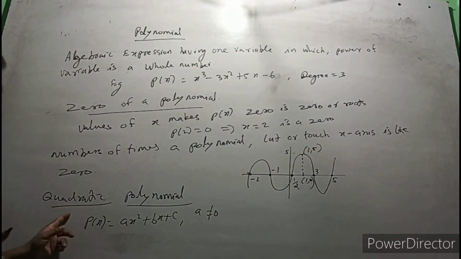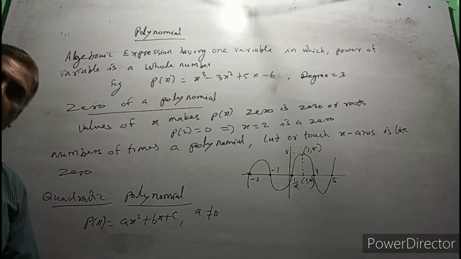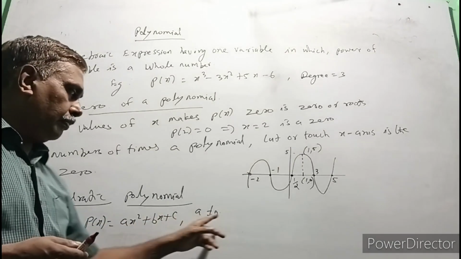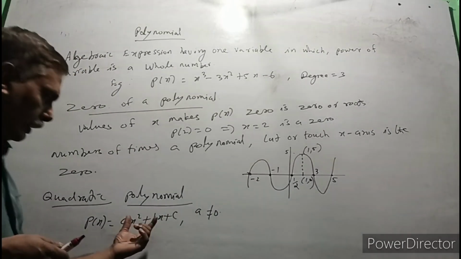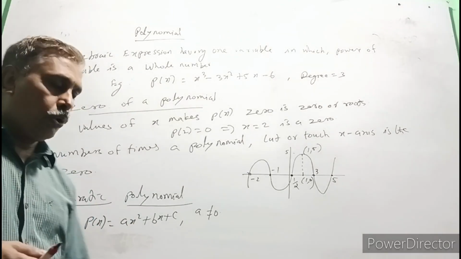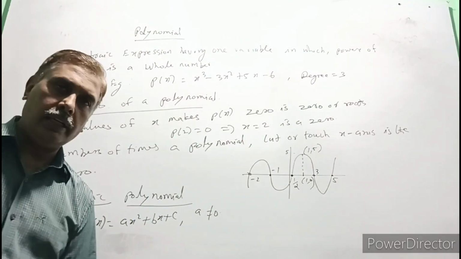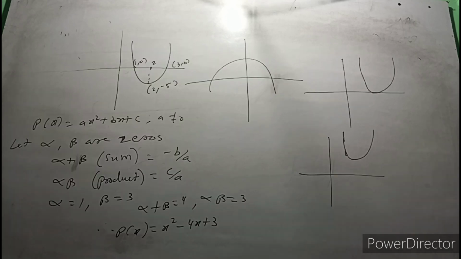Now, a polynomial of degree 2 is a quadratic polynomial. Its general form is p of x equal to ax square plus bx plus c. Maximum it may have 2 zeros. Let us see the importance of these zeros and how the graph is formed. Here are some forms of quadratic polynomial.